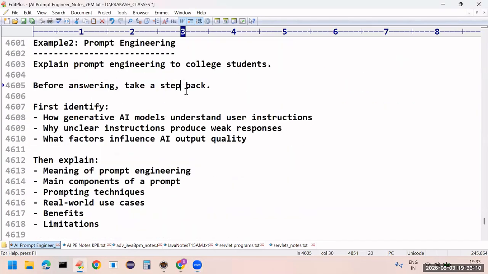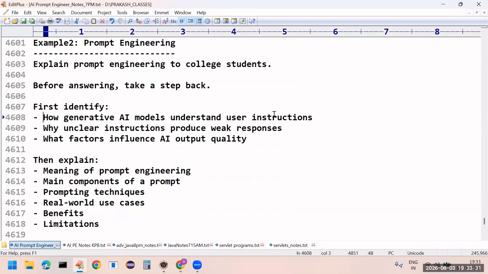Now, example 2, prompt engineering. Explain prompt engineering to college students. Can you please explain this prompt engineering to college students? But before answering, take a step back. First, identify how generative AI models understand user instructions.